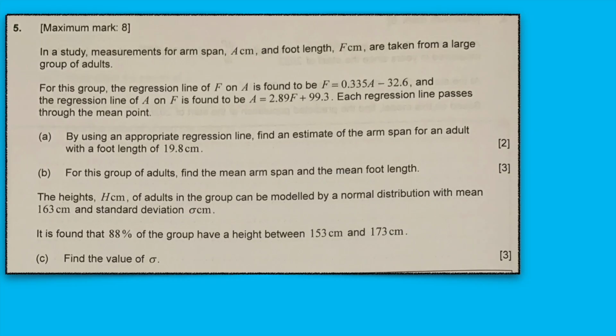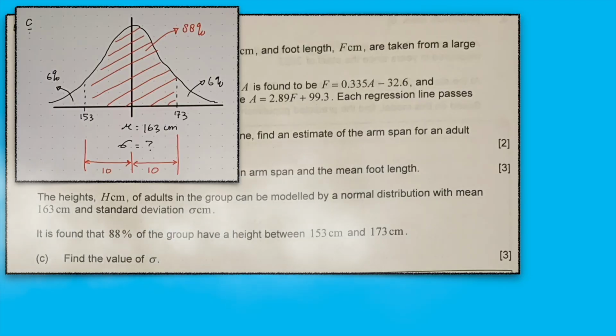Right, for this type of problem, it is often helpful to sketch. So sketch the bell curve and put the mean. Mean is 163. Draw the middle vertical line, and that's the mean, equal to 163 centimeters. Sigma, this is what we're after.